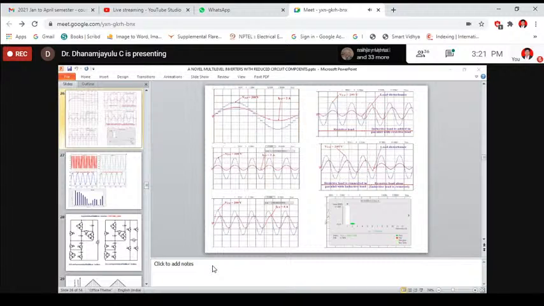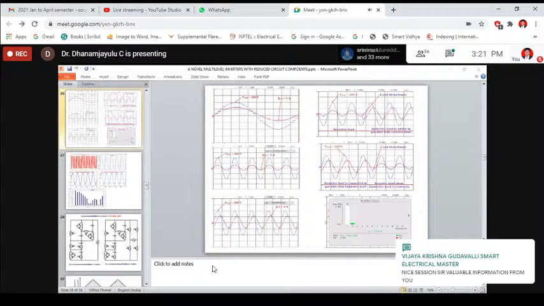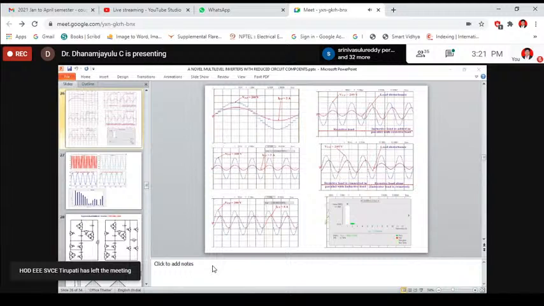Like I have taken one HBG inverter for a 27 level inverter with only a single DC source. Like that, using the SEPIC converter output and transformers, you can directly connect to the HBG inverter or any inverter. Okay.